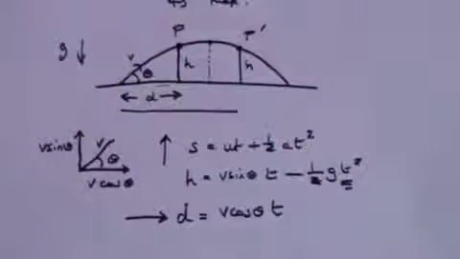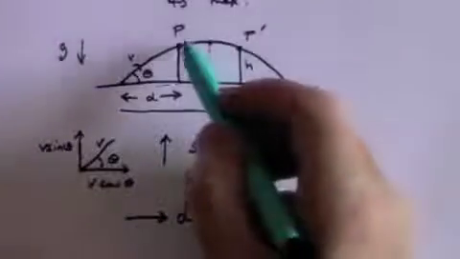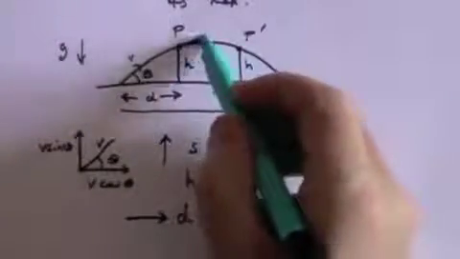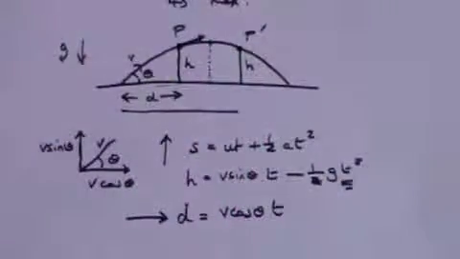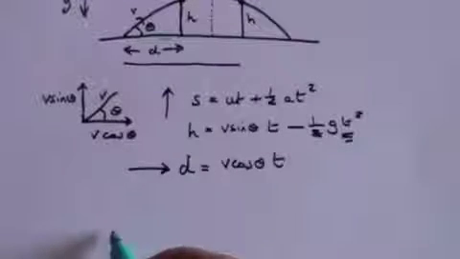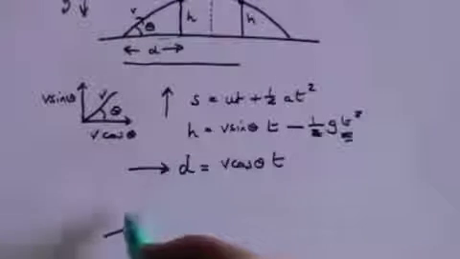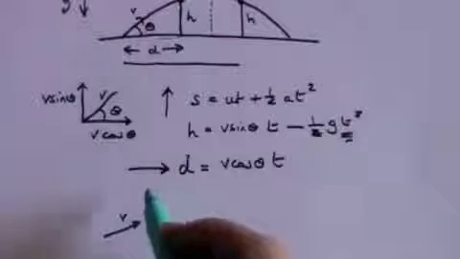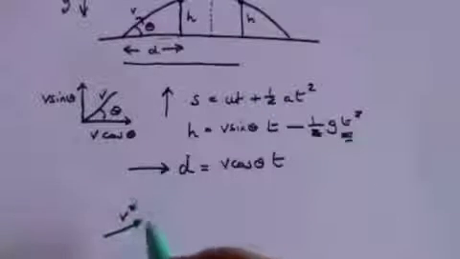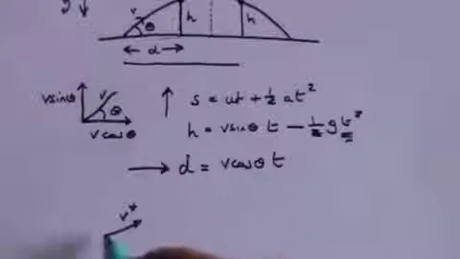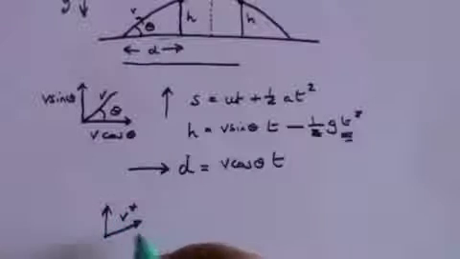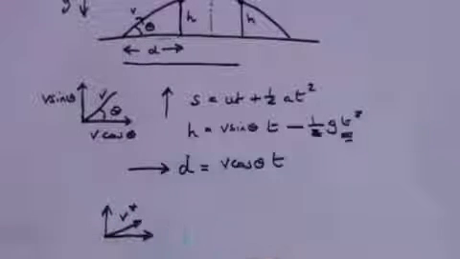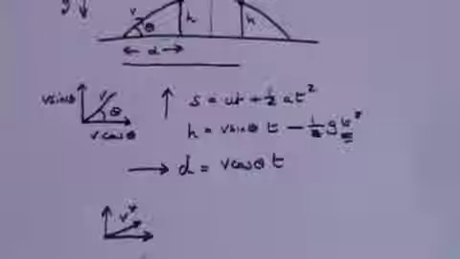You might be asked, what is the new velocity at point P? And that new velocity, of course, will be, let's call it v star. So new velocity, and that too has its horizontal and vertical components. Well, the horizontal component is very simple.